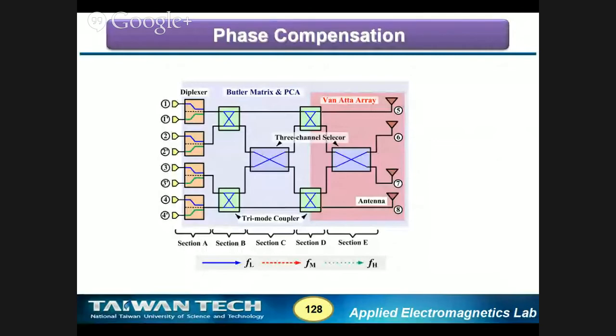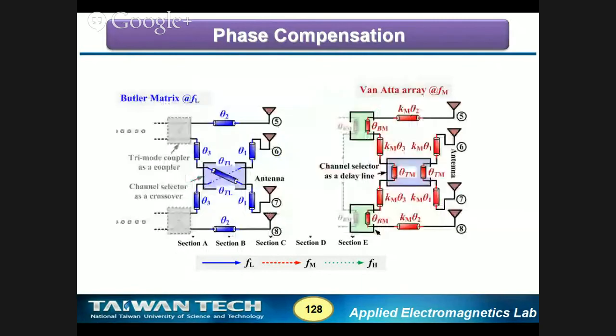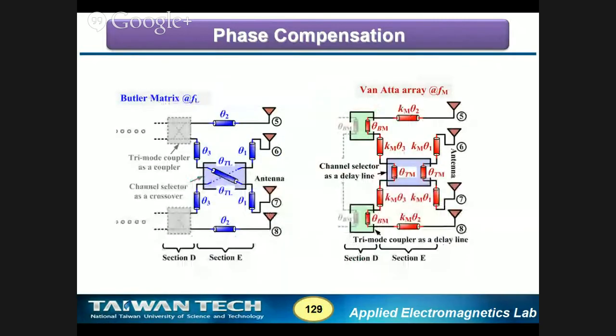This phase compensation is quite similar to the one I introduced in the dual mode design, so I will skip that part. It is very simple. In the low band, you must keep the phase delay as a multiple of 2 pi. In the mid band, you must keep the phase of this part equal to the difference between multiples of 2 pi.